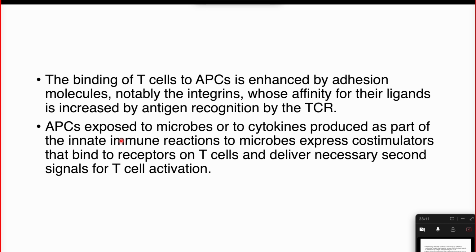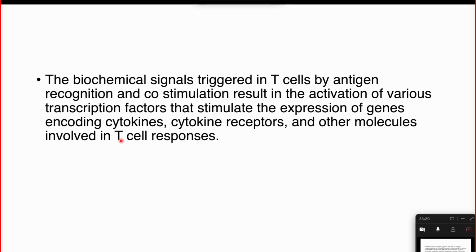APCs exposed to microbes, or to cytokines produced as part of the innate immune reactions to microbes, express co-stimulators that bind to receptors on T cells and deliver necessary secondary signals for T cell activation.